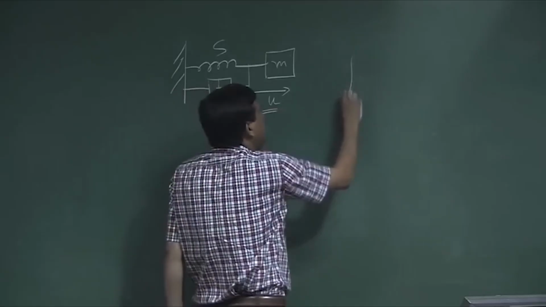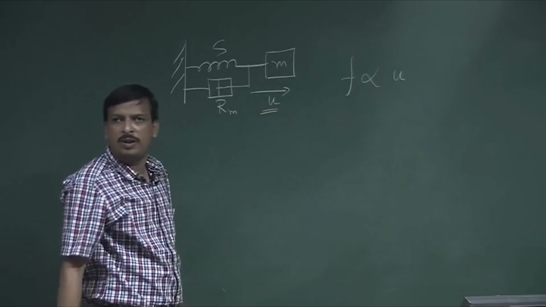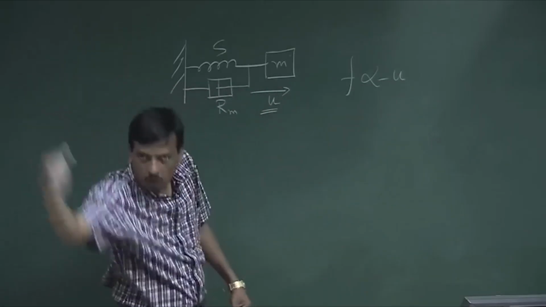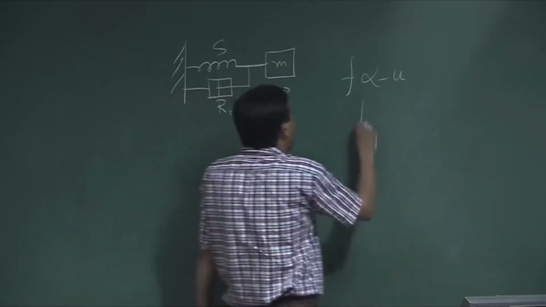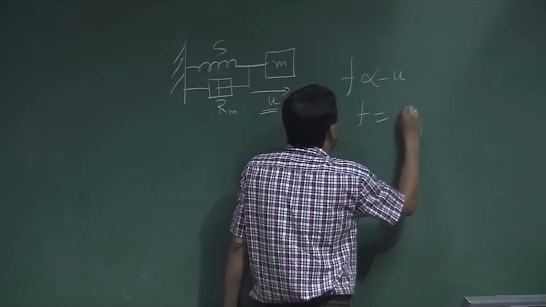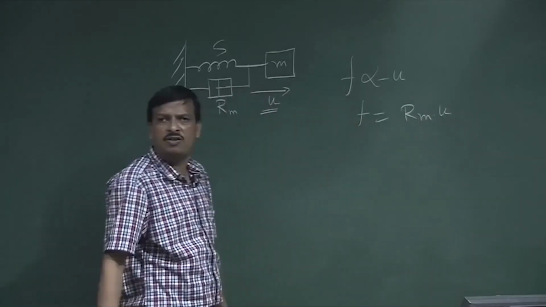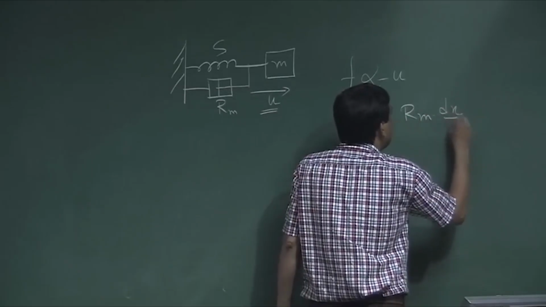That force is proportional to the velocity u of the mass, and it will be negative. The force opposes the motion, proportional to u. So, that force is equal to mechanical resistance into the velocity. So, what is the velocity? In terms of displacement, dx by dt.